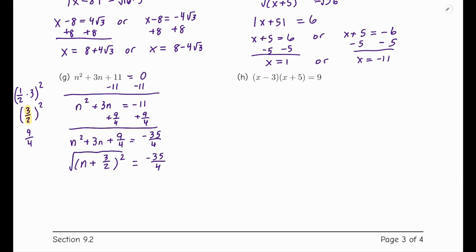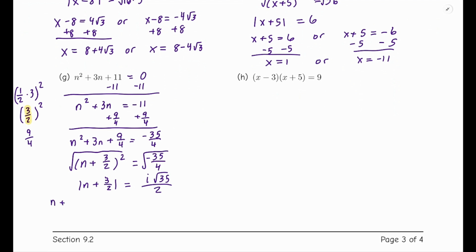Take the square root of both sides. We get the absolute value of n plus 3 halves is equal to i square root of 35 over 2. So I took the square root of the 4, that's why my denominator became a 2, and 35 cannot be simplified, but because it was negative, we get an i in our solution.